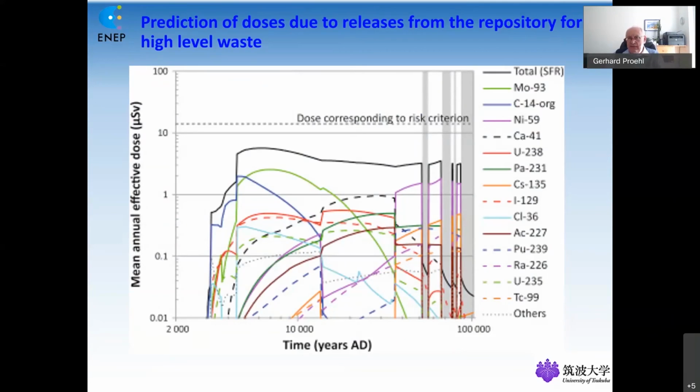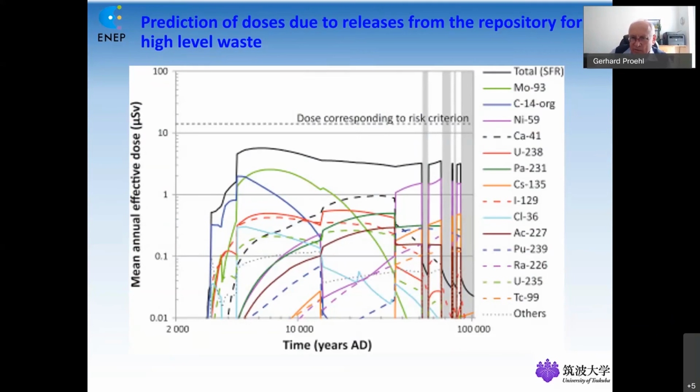Okay, so this is an overall prediction. This is the overall prediction of doses due to release from the repository for high-level waste. You see the dose criterion is 15 microsievert per year.